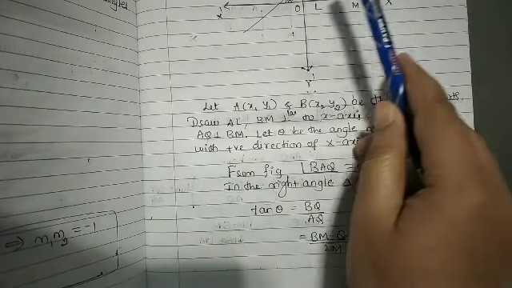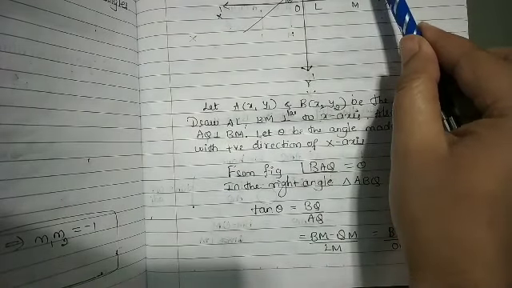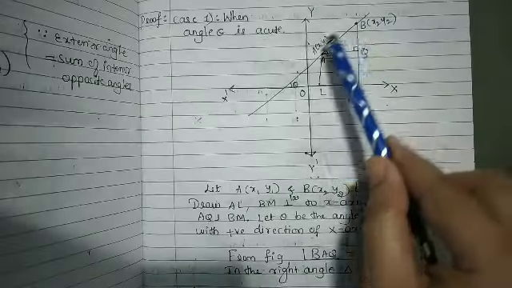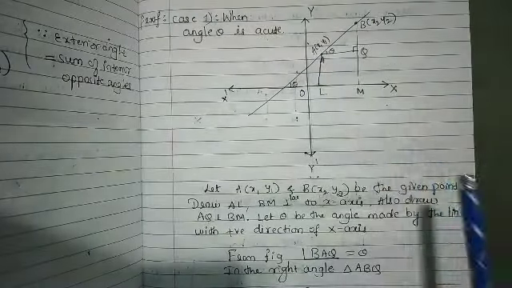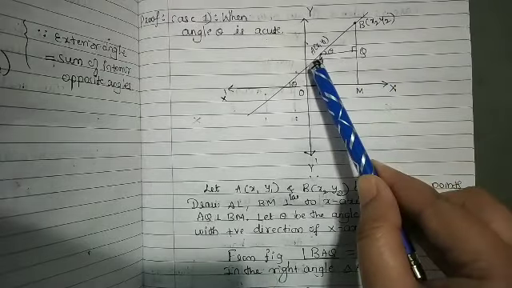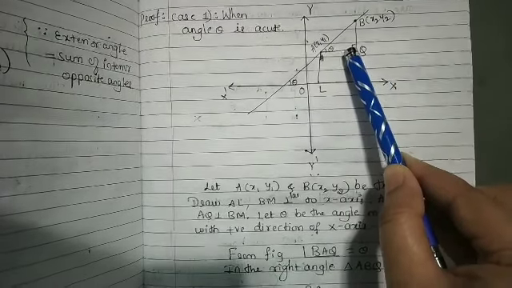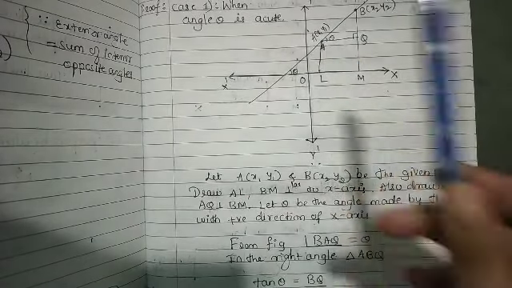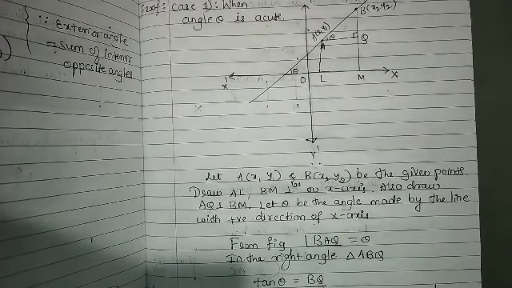And here the angle BAQ is theta, and in the right angle triangle, the angle at Q is 90 degrees. So consider the right angled triangle BQA.